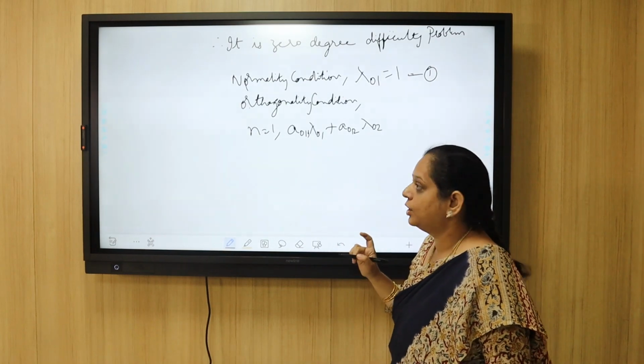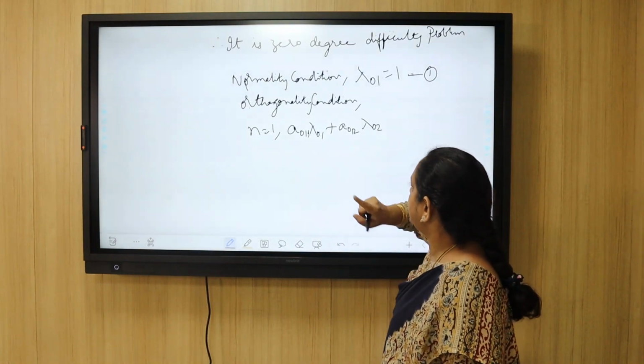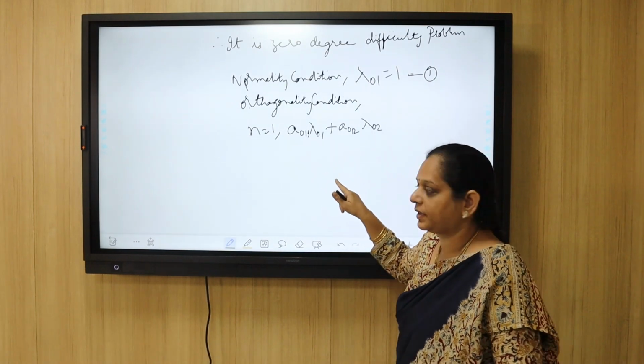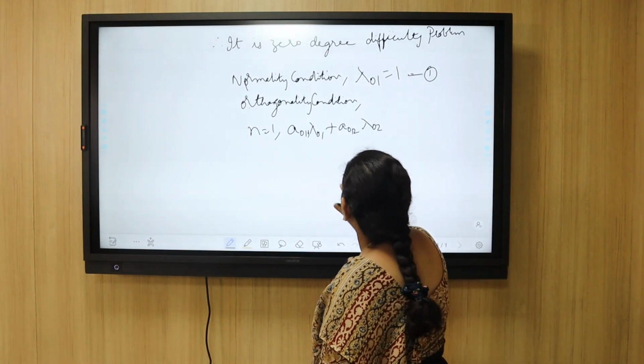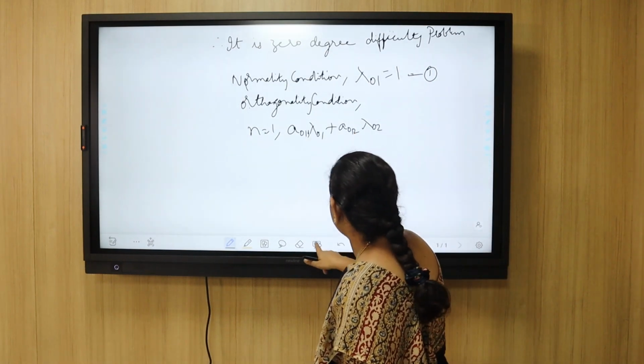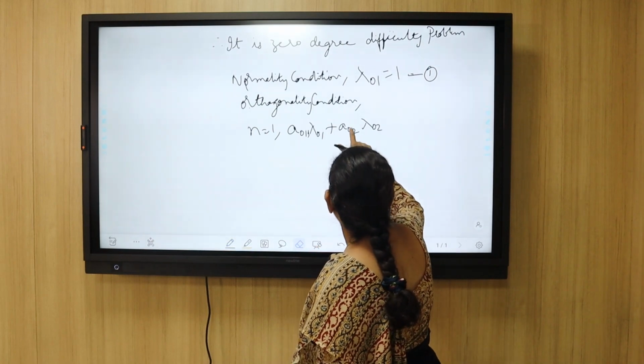Here this is for the objective function and this is for the constraint.